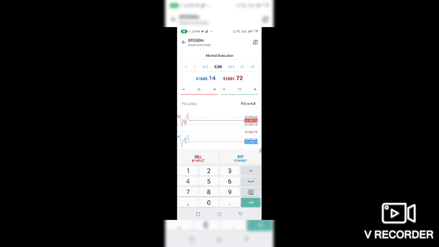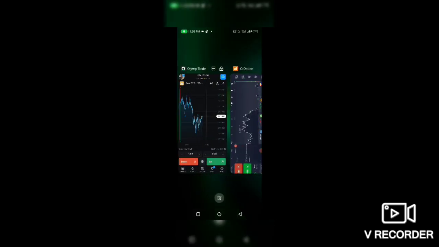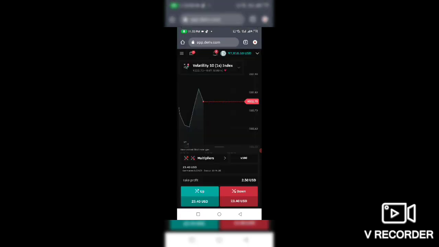Apart from that, in binary option trading we have multipliers, which are actually seen in the Deriv company. These multipliers are functions of price and not time.